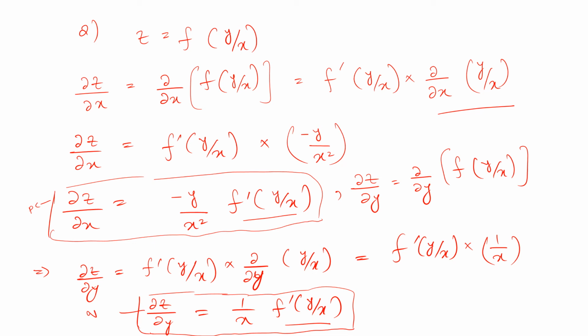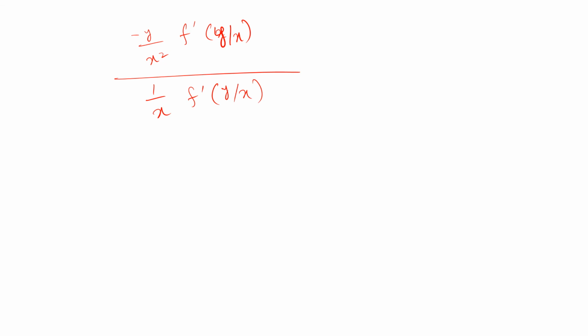So p over q will be equal to minus y over x squared, multiplied by f prime of y over x, over 1 over x times f prime of y over x.